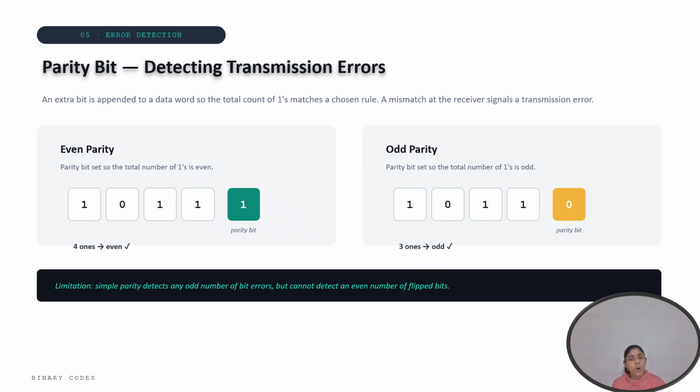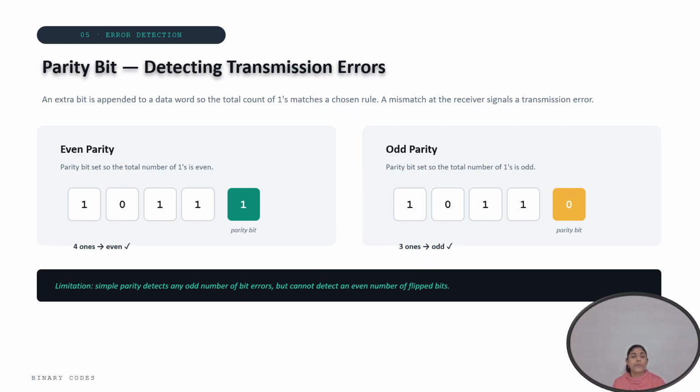If the total count of 1s matches the chosen rule, we may say there is no error. If any mismatch happens at the receiver, we say some error happened in the transmission.